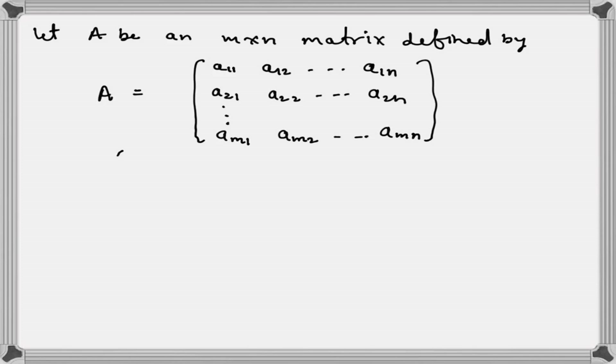So this is how we define a matrix. In short, we write A as a square bracket aij.